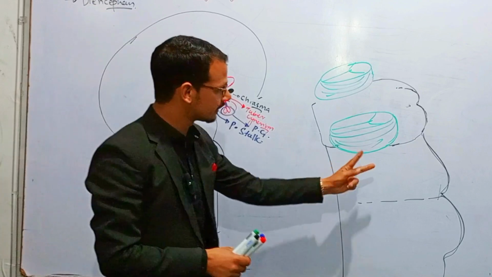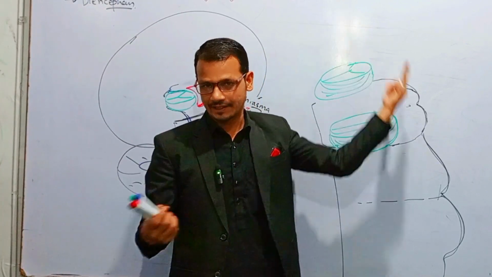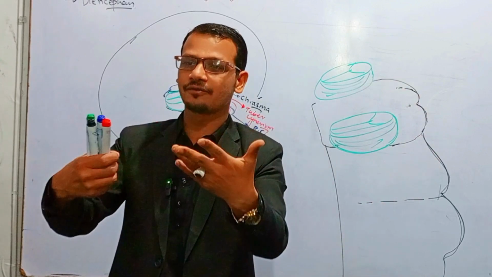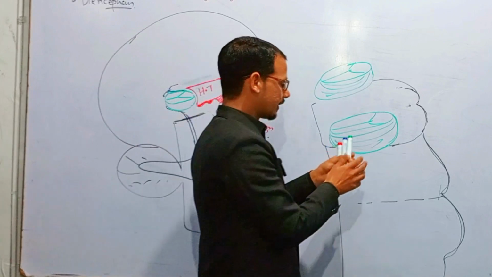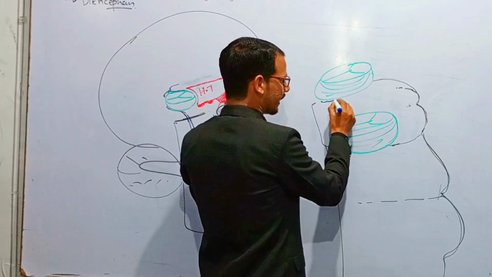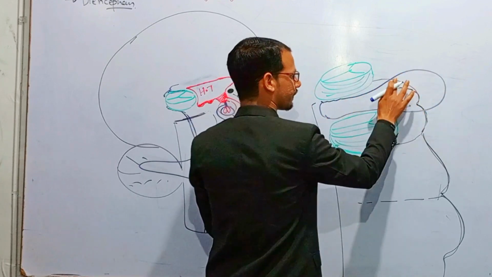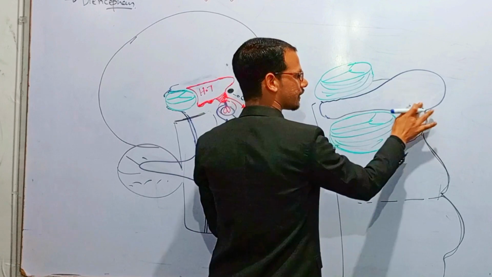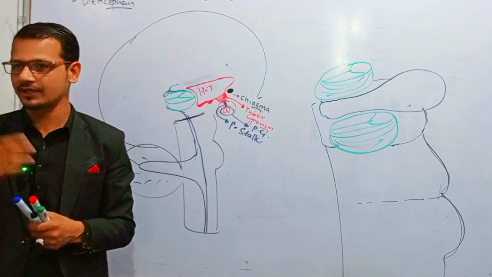And passing those fibers from here to the thalamus. So the thalamus is present just after the mid brain, right? Here in front of here, the third ventricle is present. This is the third ventricle. In between the two thalamus, the third ventricle is present.